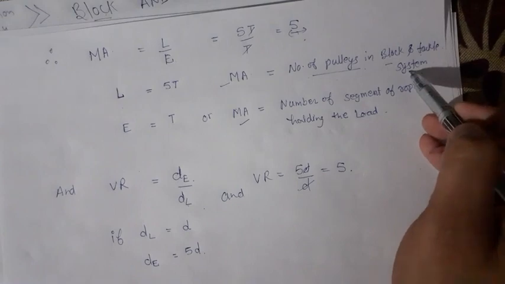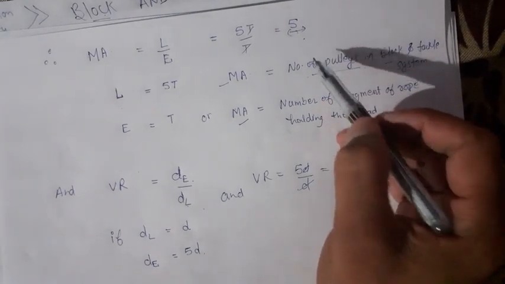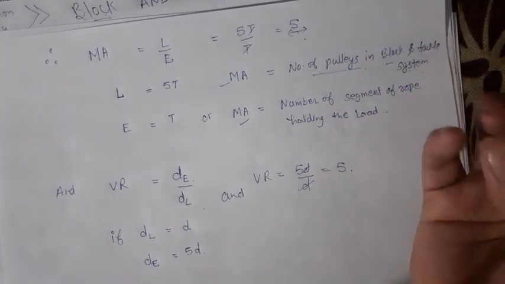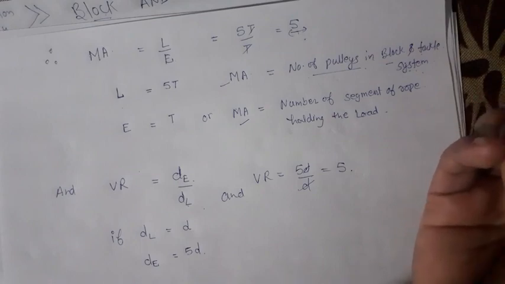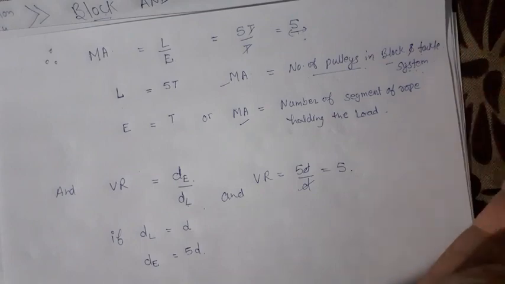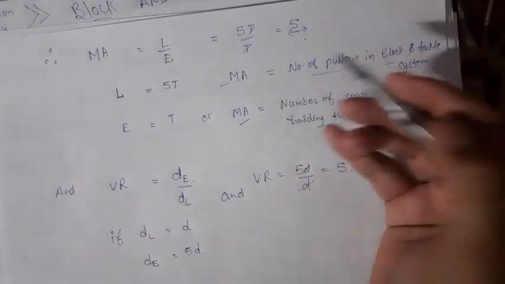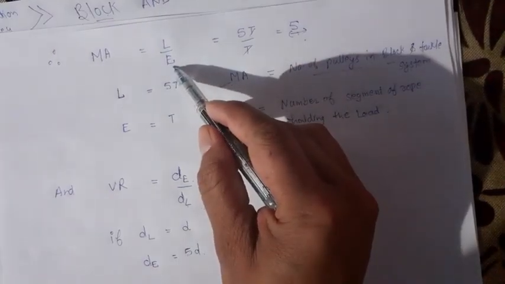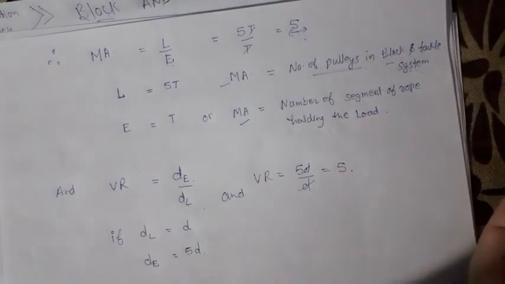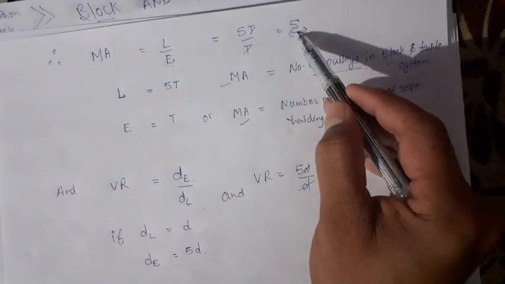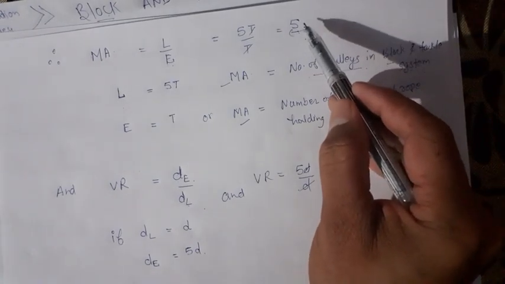But if this pulley system does not have weightless pulleys, then we have to apply more effort because the weight of the pulleys will also be included. Therefore this mechanical advantage will not be 5.